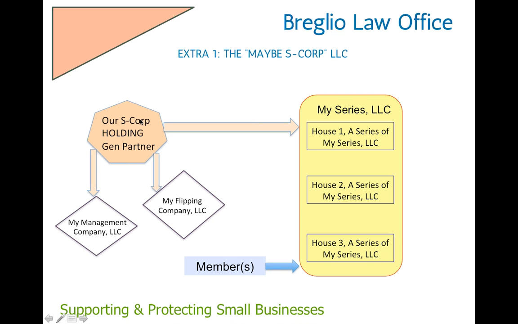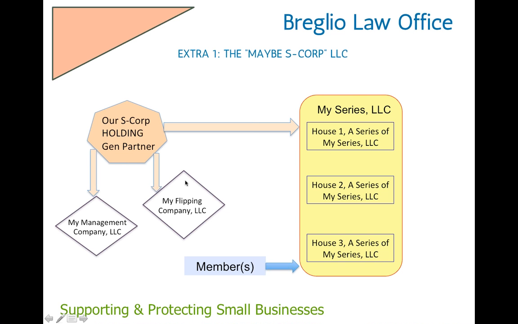And then what we'll do is we'll make this holding company either the general partner of the family limited partnership or just another member of the LLC. Now, as a side note here, let's say I didn't have lots of other businesses. I just had my S elected LLC that I do my flipping in. So I have my flipping company and I have my hold company, which is a very common thing for most of my clients.